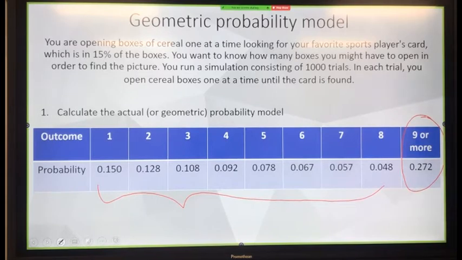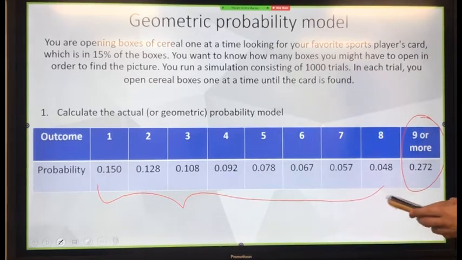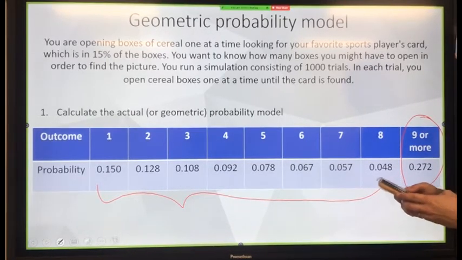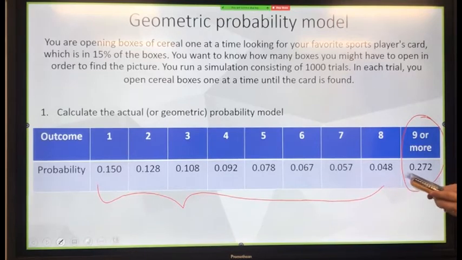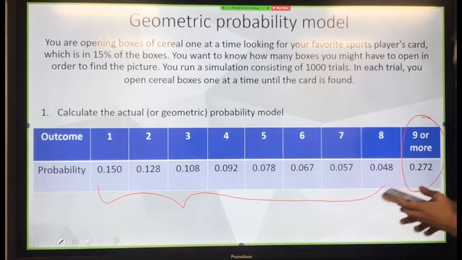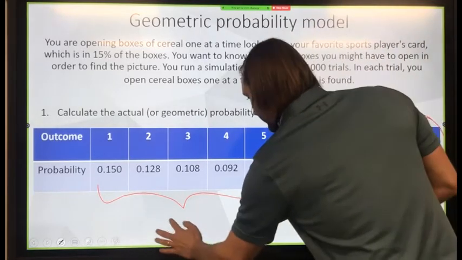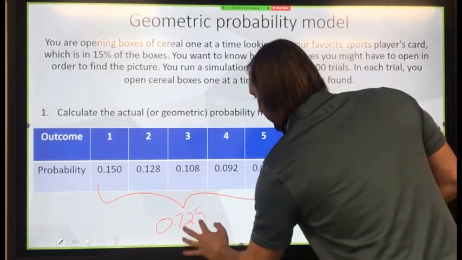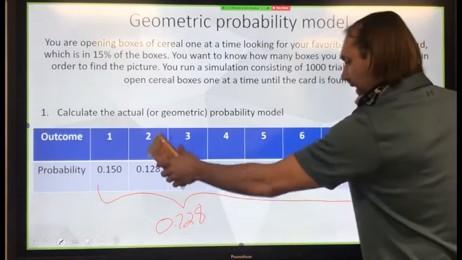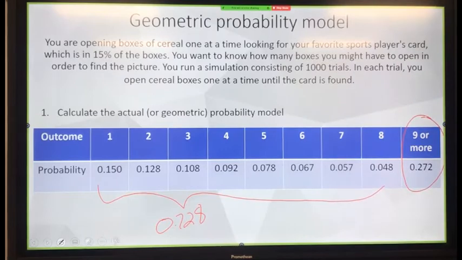So if I were to add up all these numbers together, 0.15 plus 0.1275 plus 0.108 plus 0.092 plus 0.078 plus 0.067 plus 0.057, that is 0.728. So the probability of me finding the card between 1 and 8 is about a 72.8% chance.